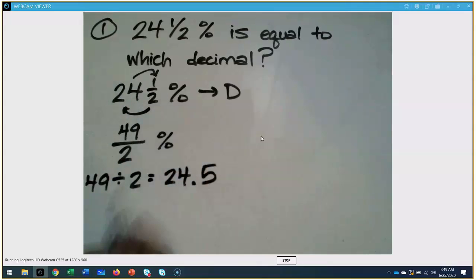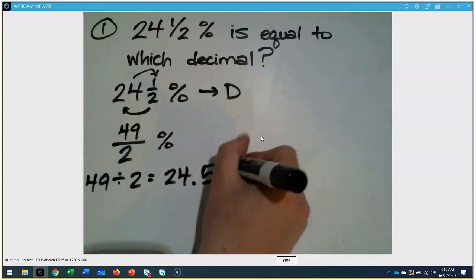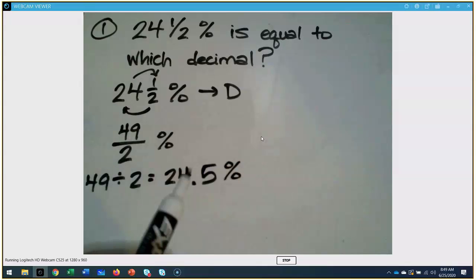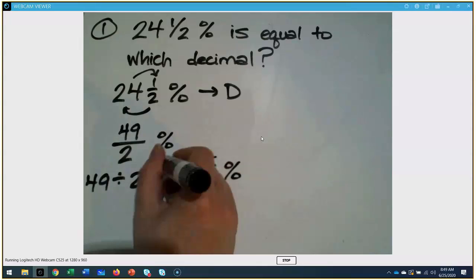But again, I didn't divide by 100 here. I divided the numerator by the denominator, so the percent sign is still there. That was the number one thing I saw missed on the quiz from this chapter, the one you guys just took.